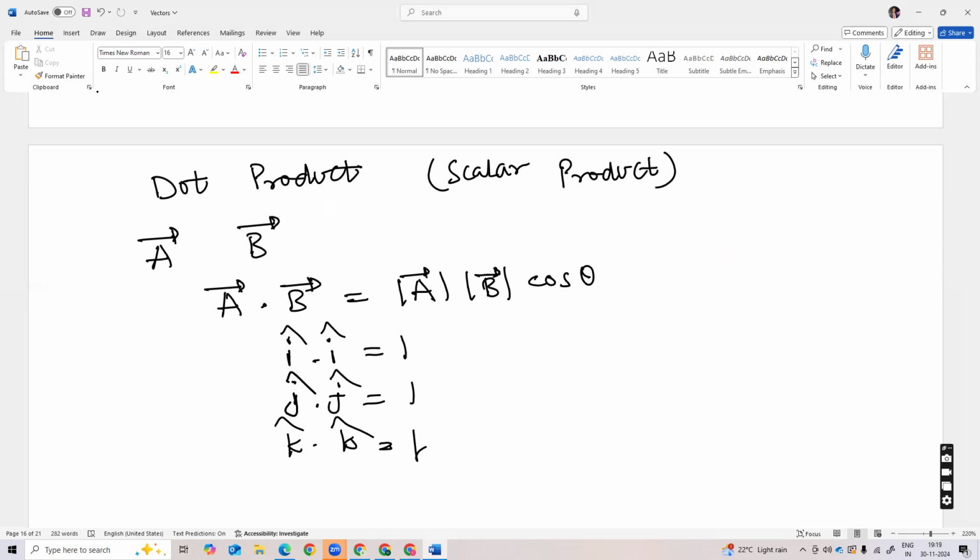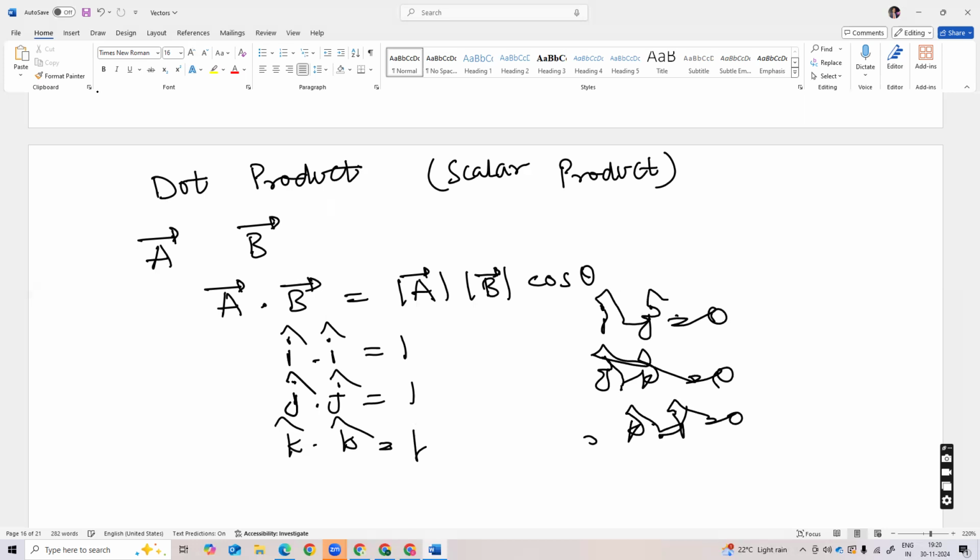Whereas if you take the dot product of two unit vectors which are perpendicular to each other, let's say i dot j, then it is 0, or j dot k, it is also 0, or k dot i, it is also 0.